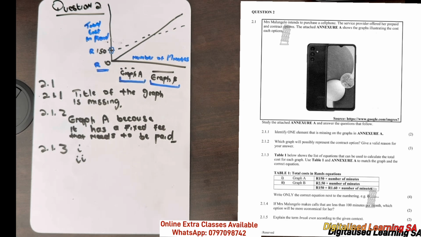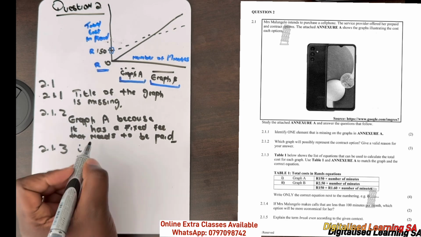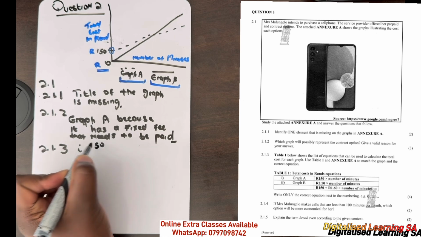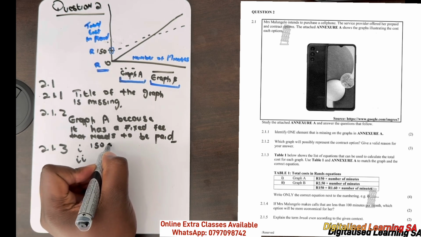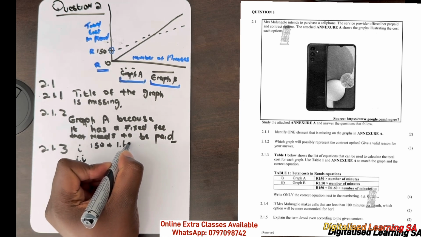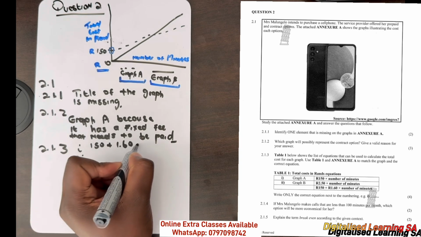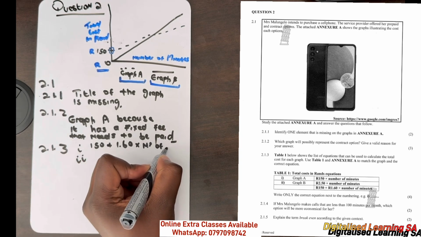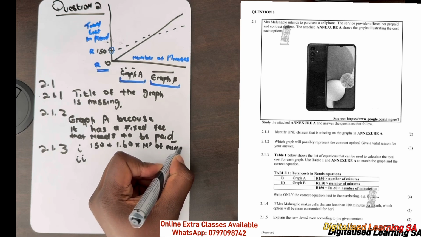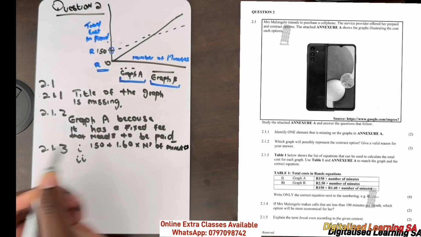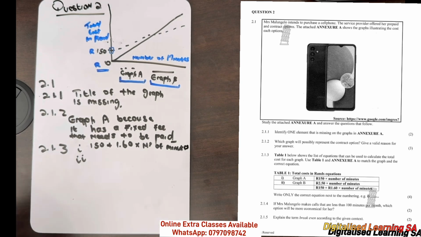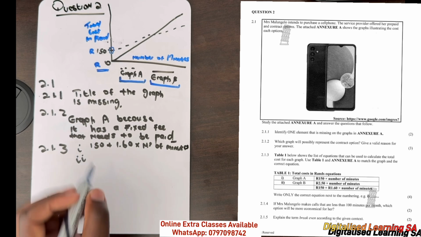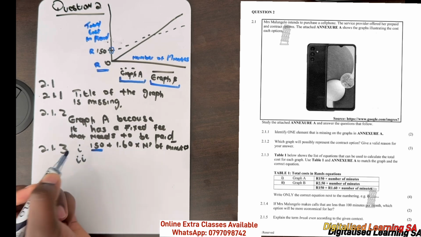Okay, so if we look at the third option, which says 150 plus 1.60 multiplied by the number of minutes. This makes sense because we can see that there is the fixed 150 that needs to be paid.